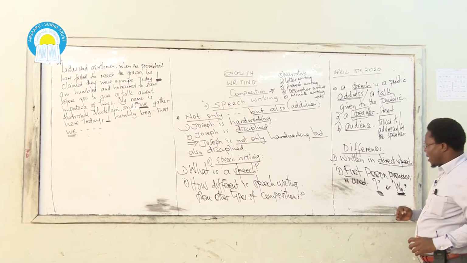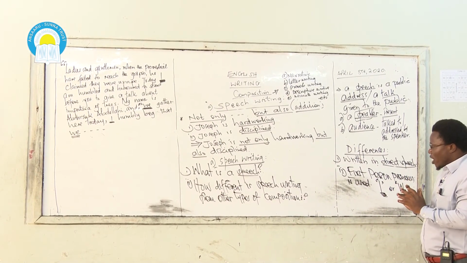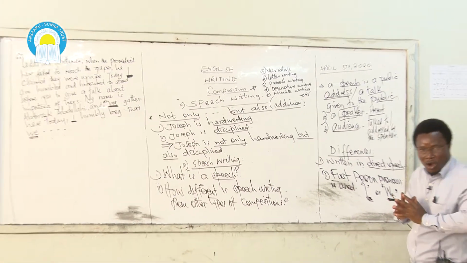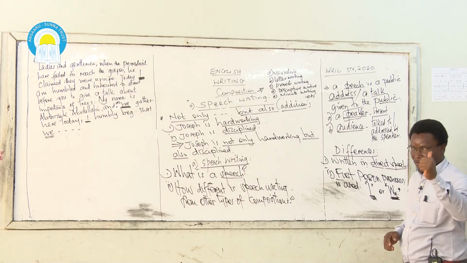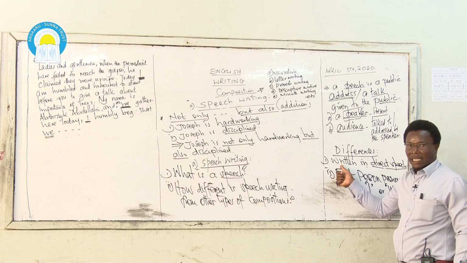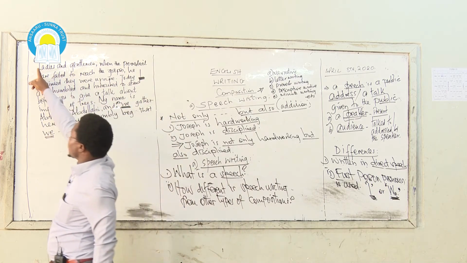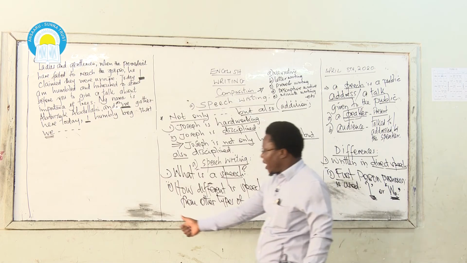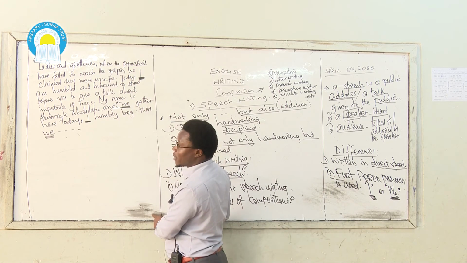Direct speech in a manner that we are supposed to enclose the speaker's words using the opening and closing inverted commas on condition that one, the opening inverted commas are placed at the beginning of the speech, just like what I've done. Two, the closing inverted commas are placed at the end of the speech if I were to continue with it up to somewhere here.